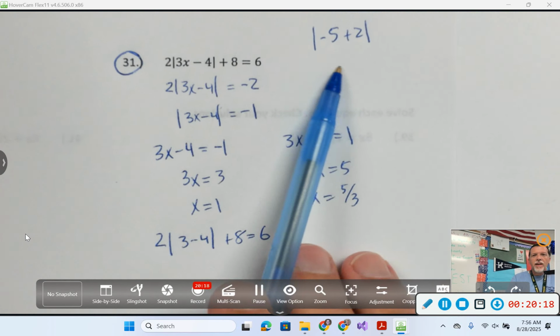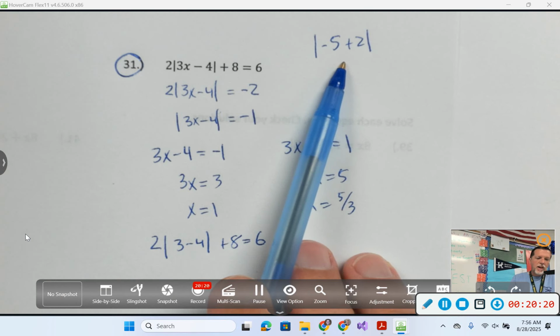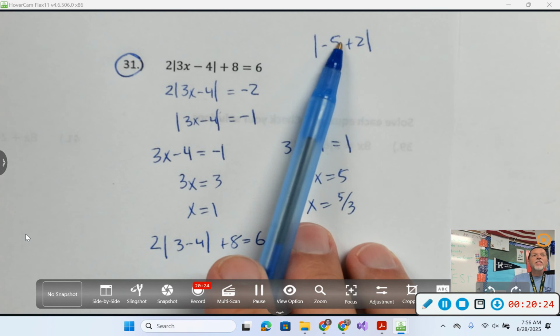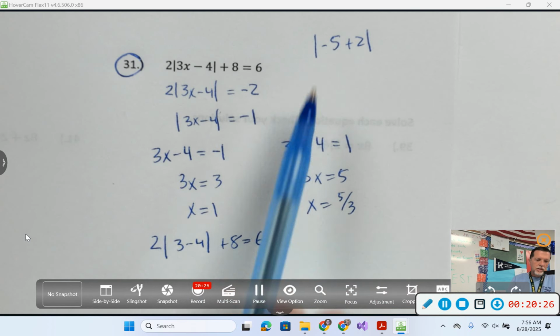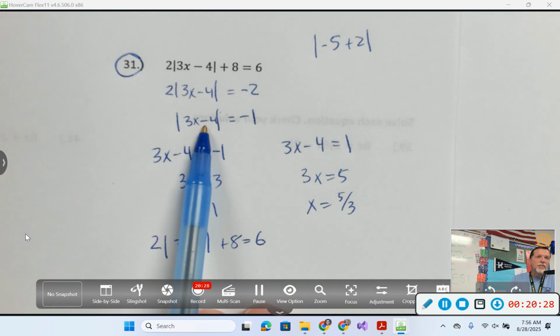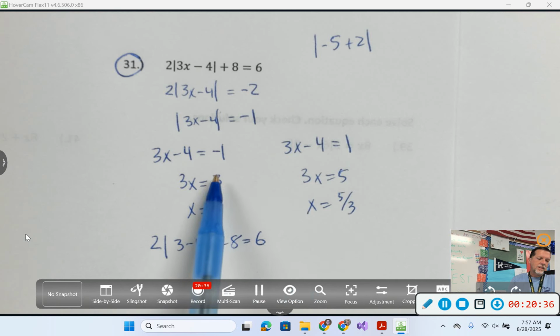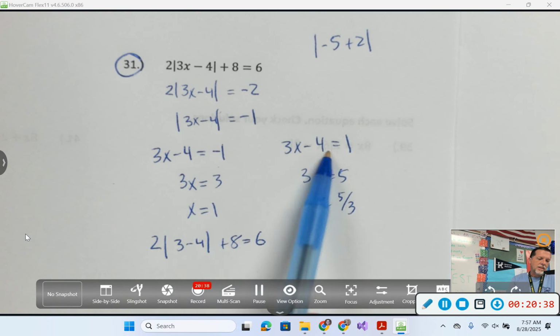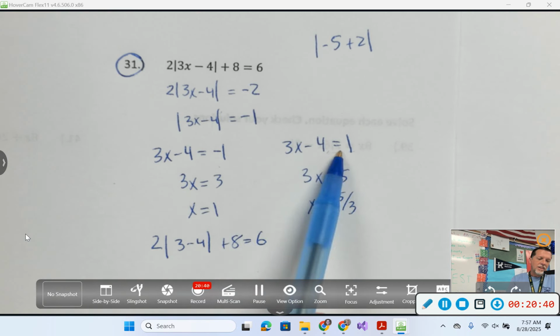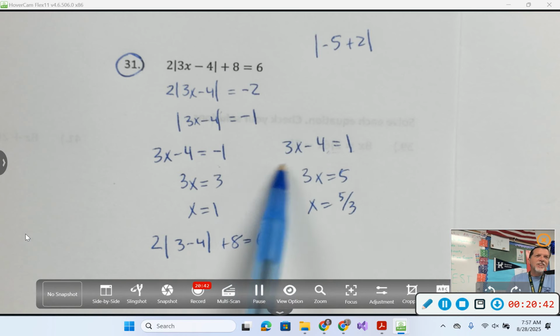Right? That does not become 5 plus 2 equals 7. You have to do the inside first and then apply the absolute value. So you can't just make that a plus 4 because it's inside the absolute value. It's talking about when 3x minus 4 equals negative 1 and positive 1. Right here? You're right. I mean, you're on to something.